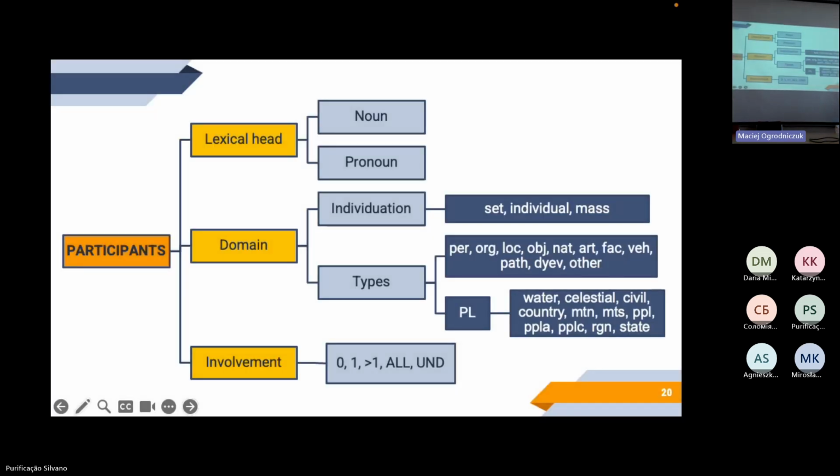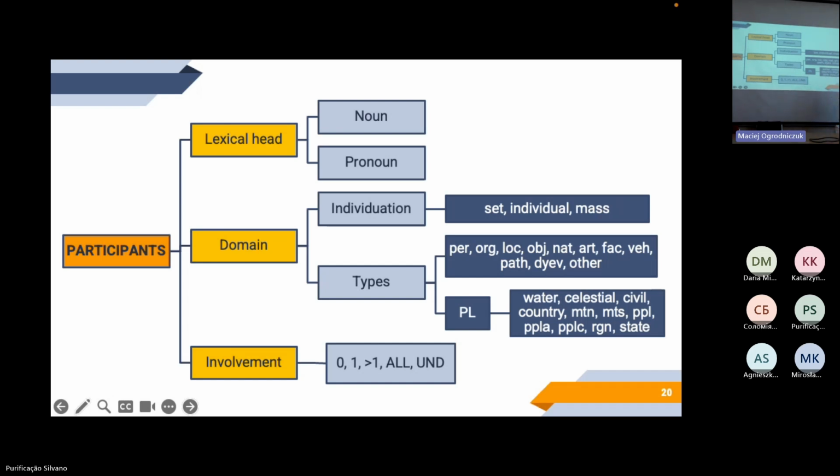In terms of participants, we not only annotate linguistic information, but also their meaning in terms of discourse. So we have the lexical head, if it is a noun or a pronoun, and then we have the domain, if it is a set, an individual, or a massive noun. And for these types, the ISO doesn't propose any types.